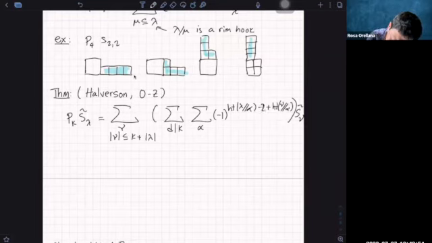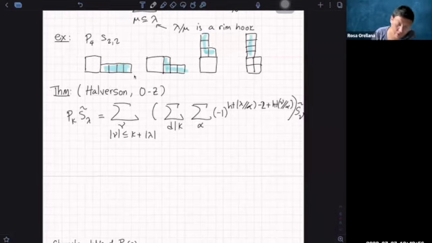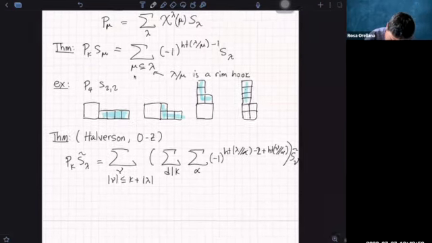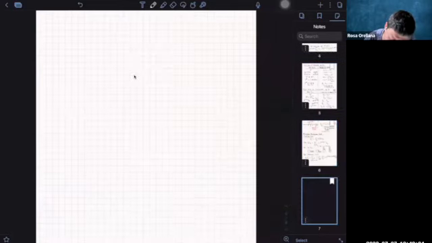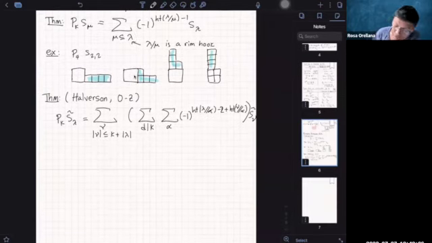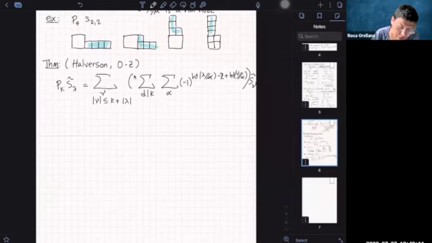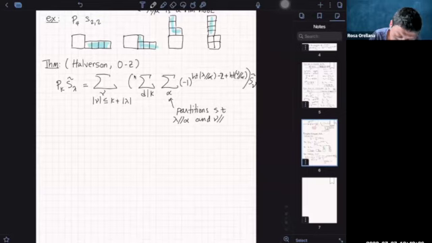Maybe I put a -2 here to indicate that there is a minus from each one. I'll show you the combinatorics, because it looks more complicated than what it says. So what is this alpha right here? They are partitions such that lambda slash alpha and nu slash alpha are rim hooks.